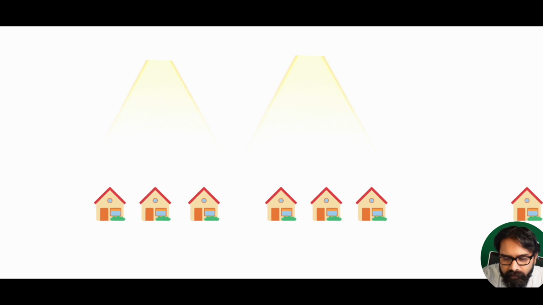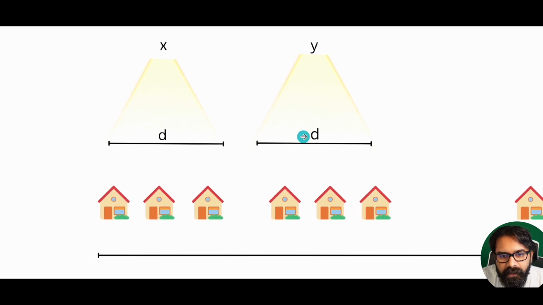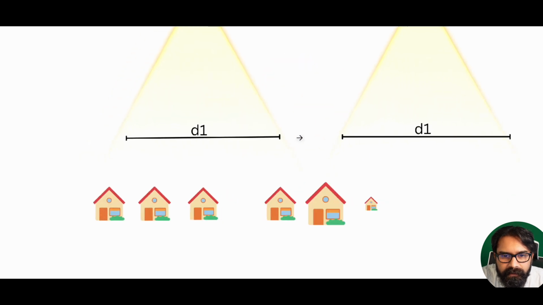So we have a problem something like this. We have X and Y. These are the points. Let's say this street is actually some sort of a number line, and we have X and Y along this number line, and we call this, let's say, a D, which is like the focus light or width of this light. So if we have to fit in all the houses, and if we have to make this light available for all the houses, we have to make something like this.